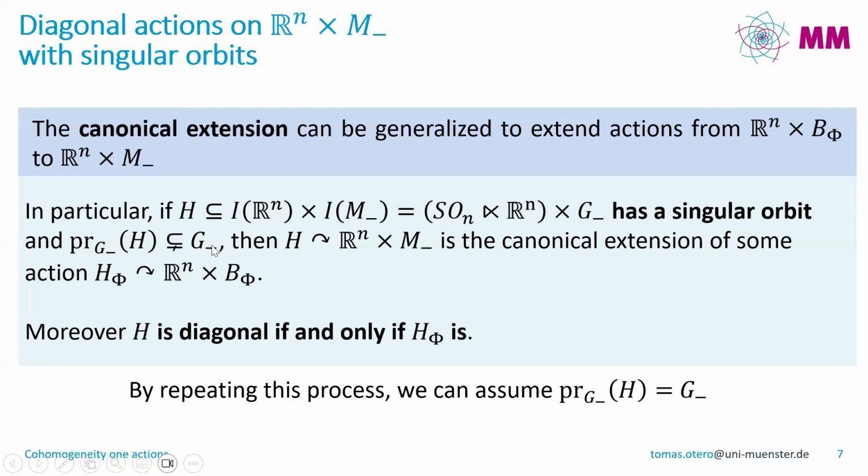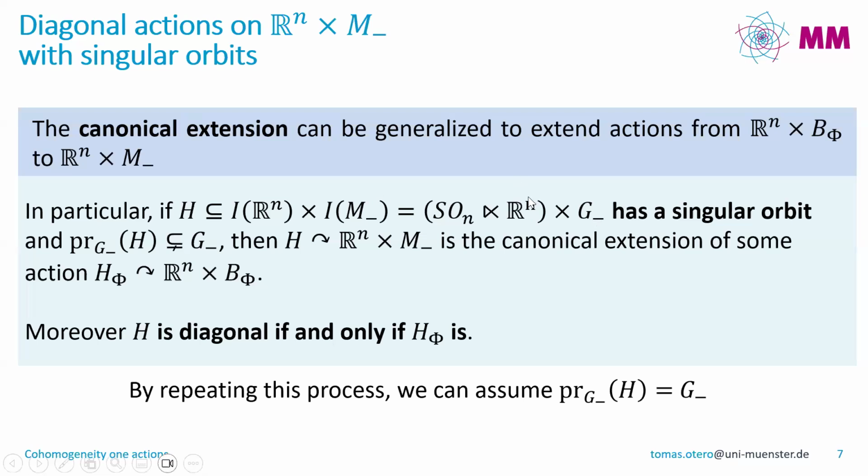In particular, we are able to prove the following lemma. If H is a subgroup of isometries, which acts with a singular orbit, and here I write the isometry group of Rn as SON times Rn, the rotations times translations, and G minus the isometry group of the symmetric space of non-compact type.